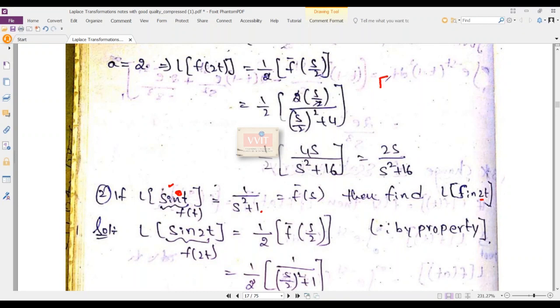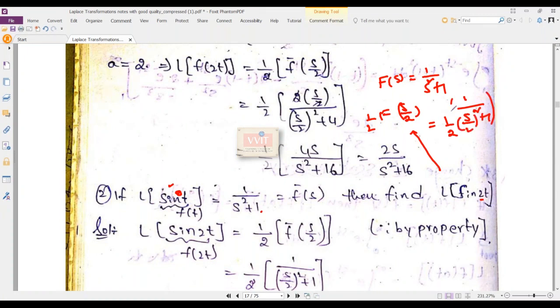For L of sin t, f of s equals 1 by s square plus 1. Then f of s by 2 times 1 by 2, which equals 1 by 2 times f of s, meaning 1 by s square plus 1. Wherever s is there, s is replaced by s by 2. So 1 by (s by 2) whole square plus 1.